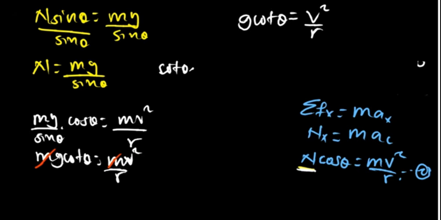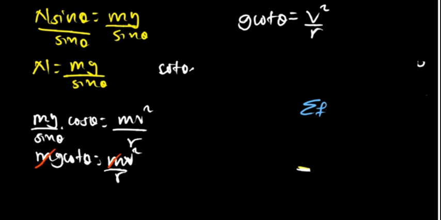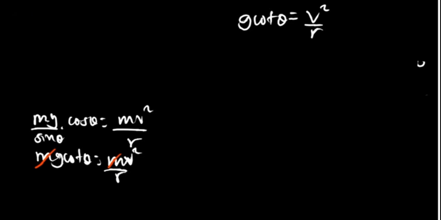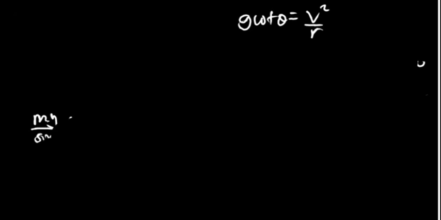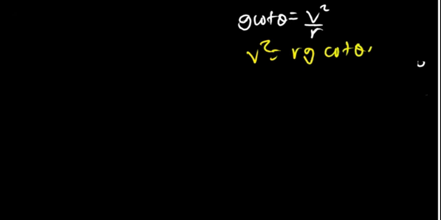Now we are trying to find v, the velocity. How can we make v the subject of the formula? Let's cross multiply. We are going to have v squared is equal to rg cot theta. But we need to understand again that cot theta is the same as 1 over tan theta.